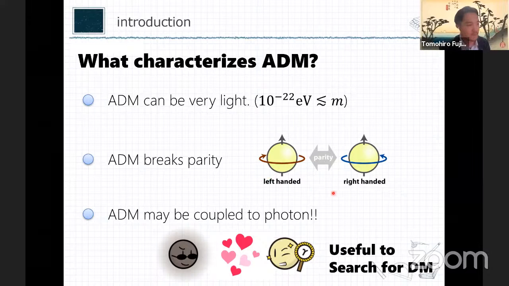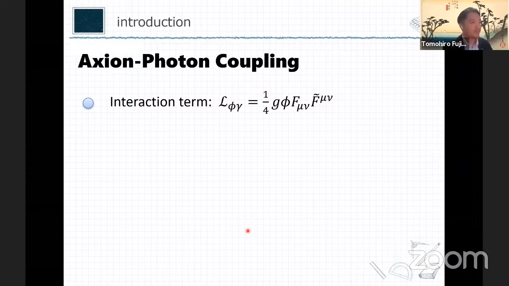So parity is broken. And the third one, and the most important one, is that axion may be coupled to gauge fields, including photon. If it's coupled to photon, it's very advantageous to us in terms of searching or discovery, because we can use advanced technology of optics or observational techniques in astrophysics. So I assume all of them in this talk.